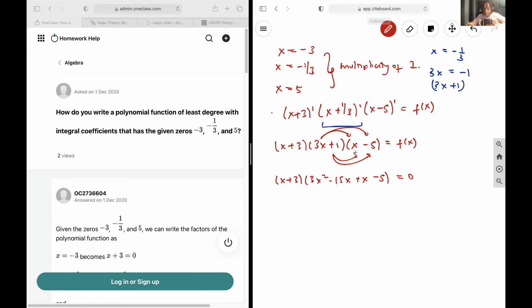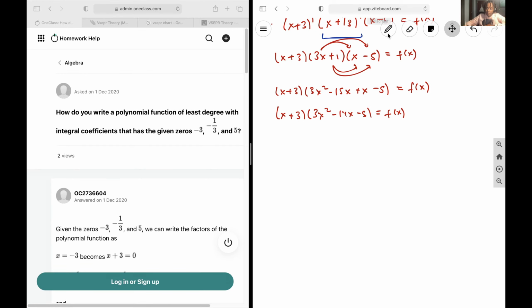So 3x² - 15x + x - 5. Let's simplify that. Okay. And then again, we want to FOIL.